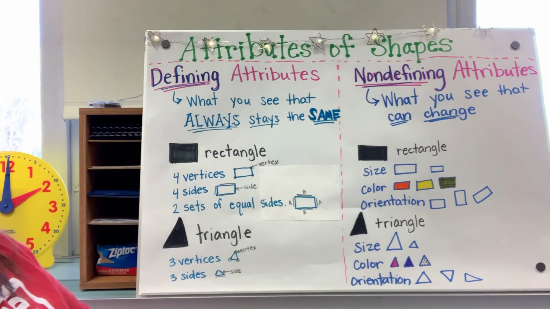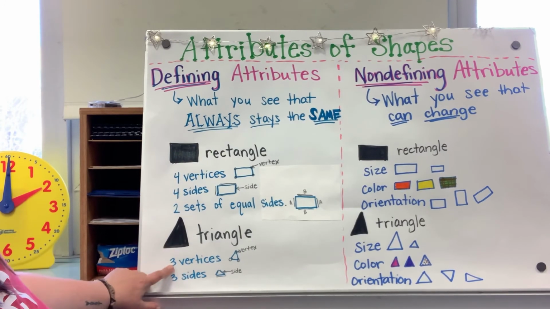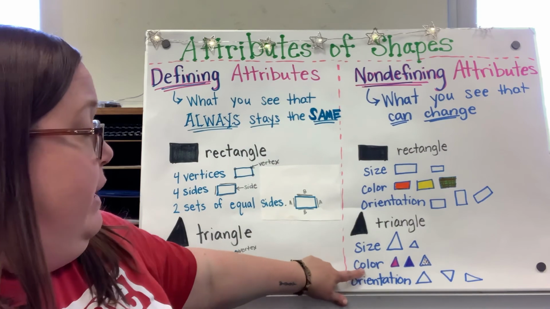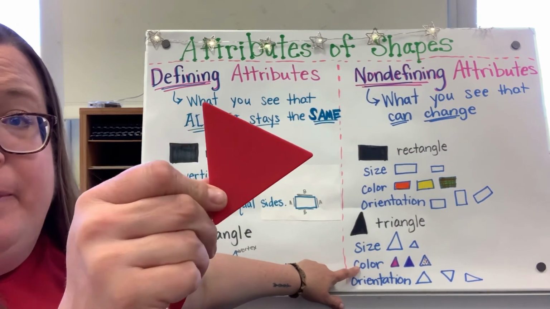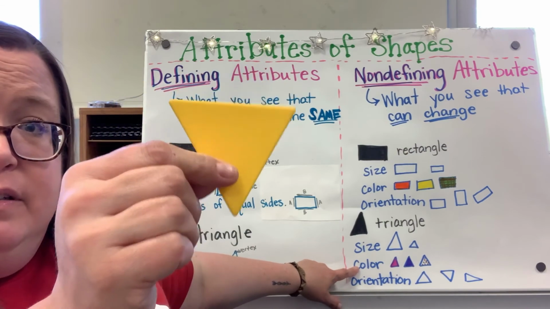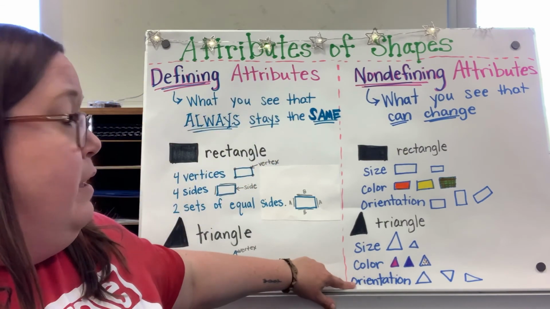So if it is a triangle, it has only 3 vertices and 3 sides. That's it. Can't have any more or any less. But it could be a different color. Okay? Also, it could be a different orientation.